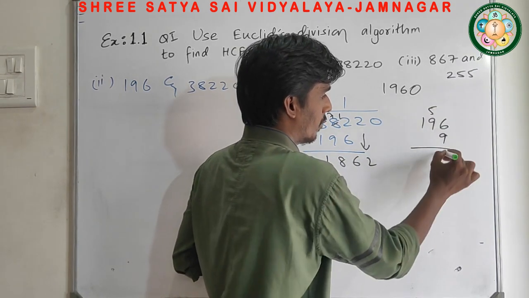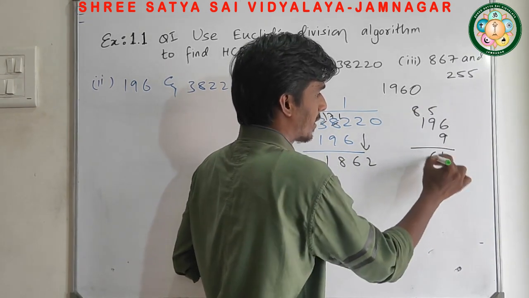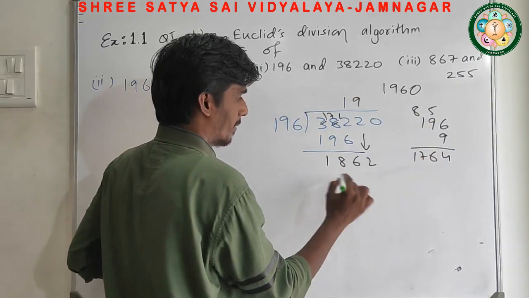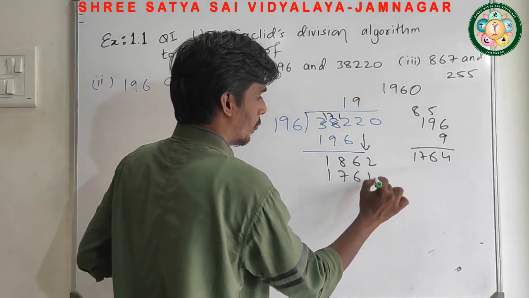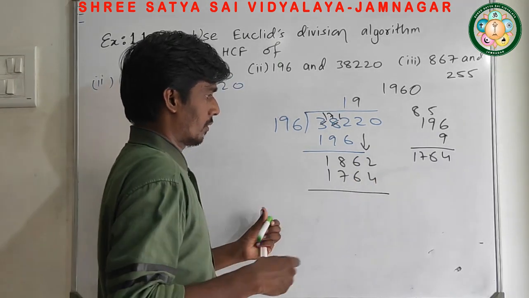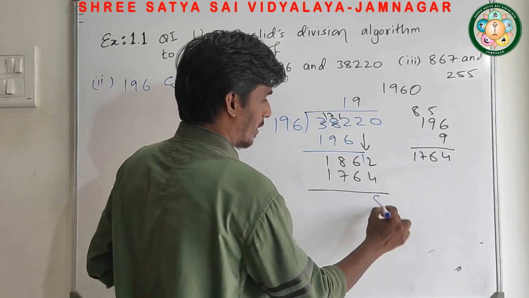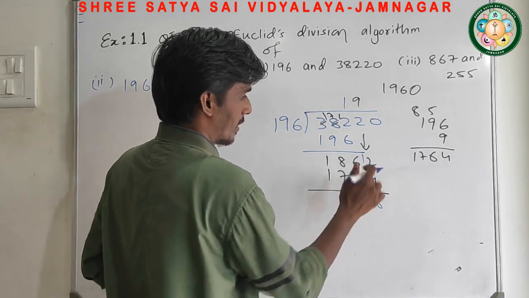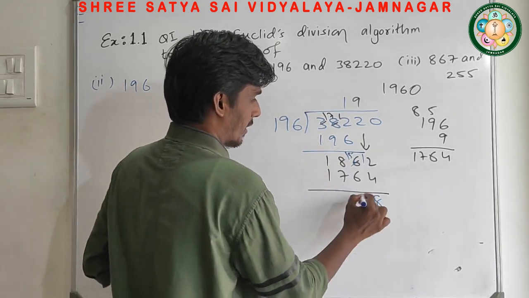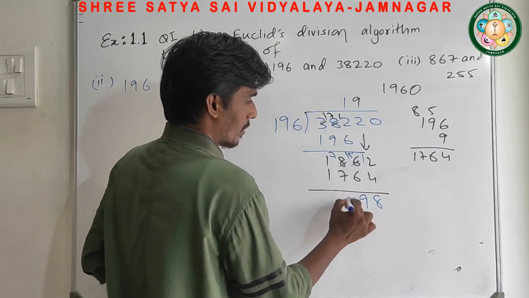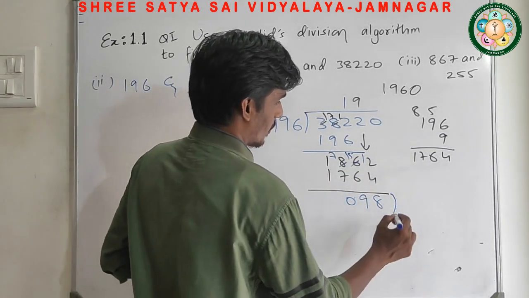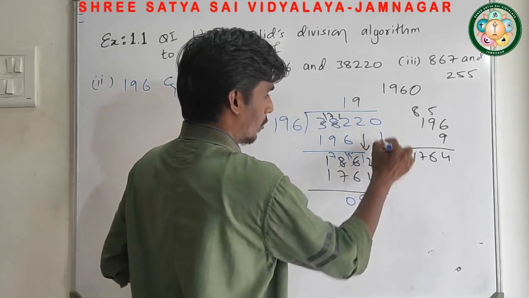So let's start with 9 times. 9 times 196 is 1764. So the remainder is 98. One more 0 is there. You have to take the 0 here.